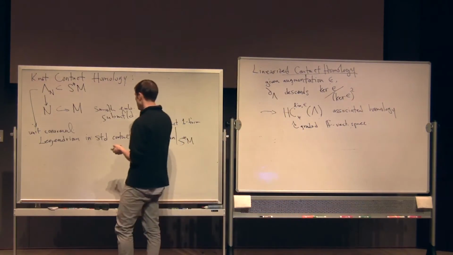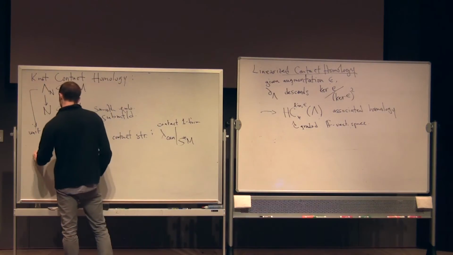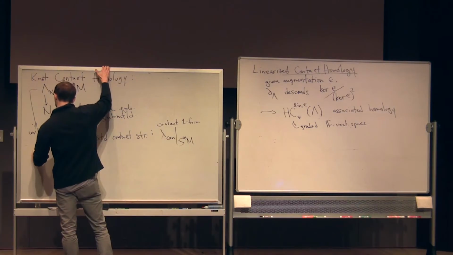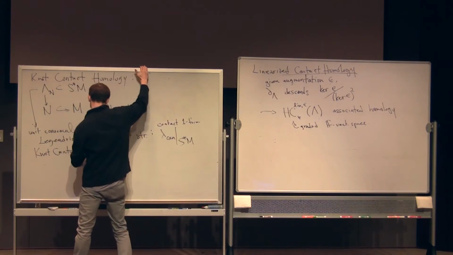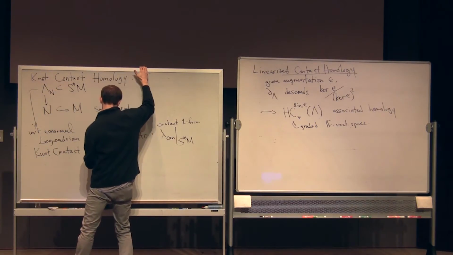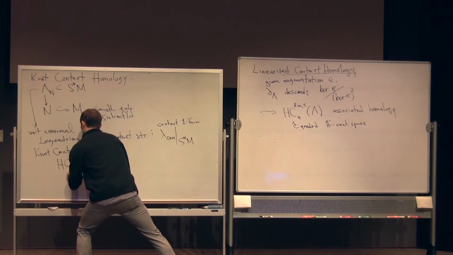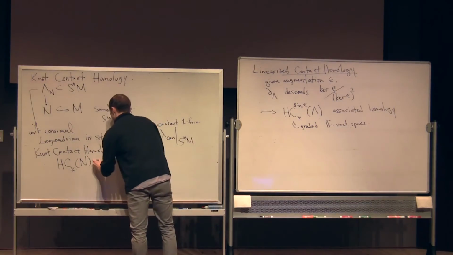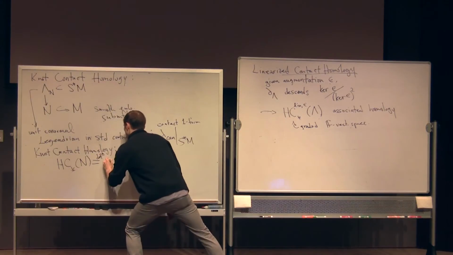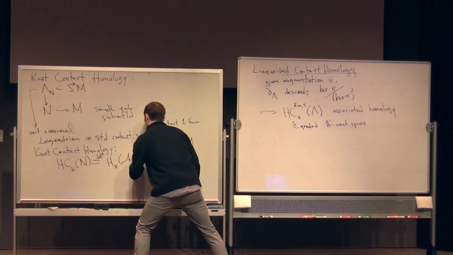Okay. And so then knot contact homology, we'll write it as HC of N, is just by definition the homology of the DGA of lambda N.